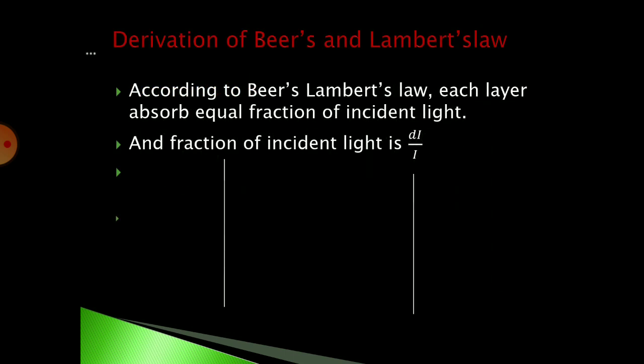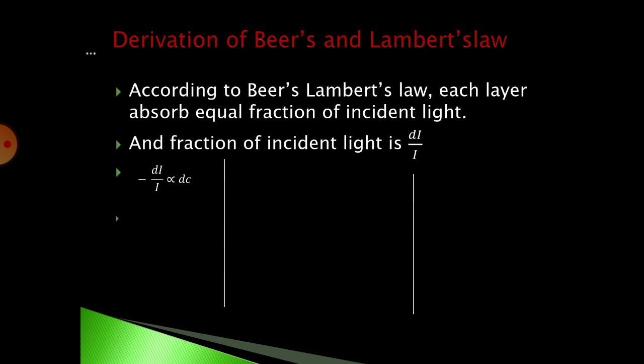Now we will go for the derivation of Beer's-Lambert's law. As we have already discussed, the absorbing media is made up of successive layers and each layer absorbs an equal fraction of incident light, and the fraction of incident light is given by dI by I. So the mathematical equation becomes minus dI by I is directly proportional to dC, where the negative sign indicates the intensity of incident radiation goes on decreasing.